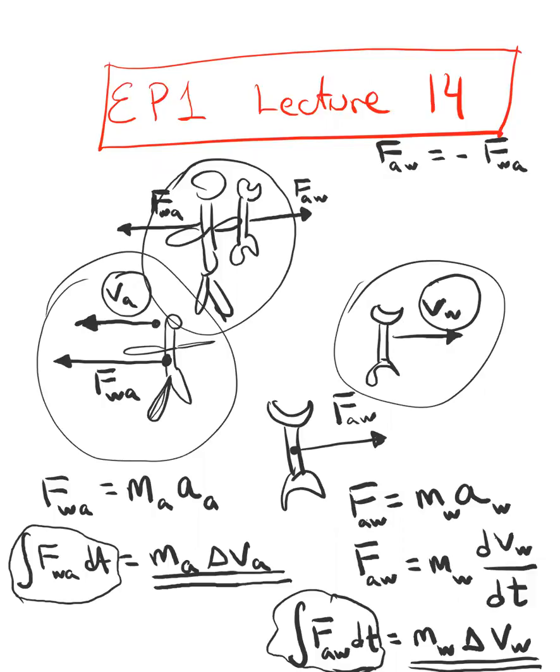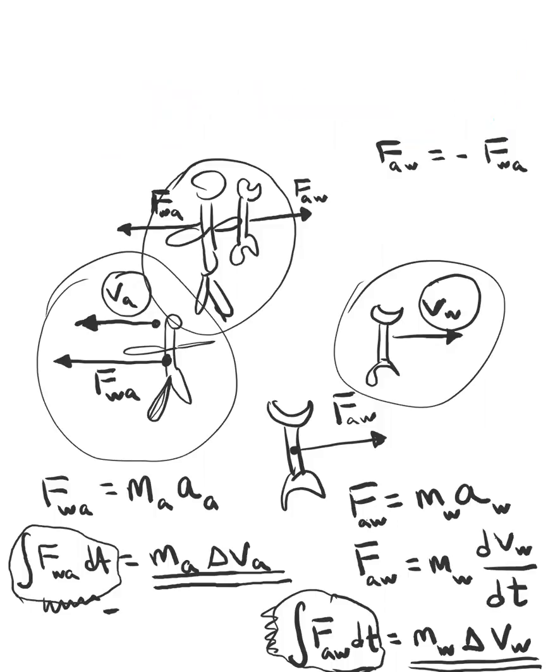And now the key observation here is that the forces are actually equal and opposite in direction. So this will be the same as this, but with a minus sign. And so after I make this observation, I can write down the mass of the astronaut times change in its velocity is equal to the mass of the wrench times the change in wrench's velocity, but with a minus sign.